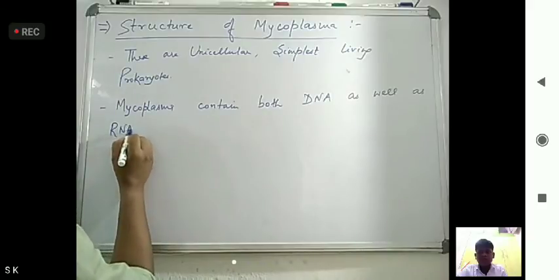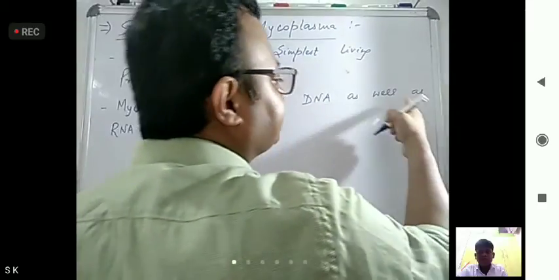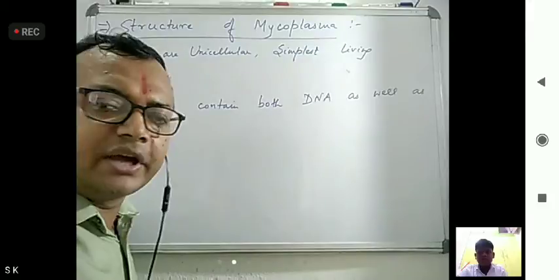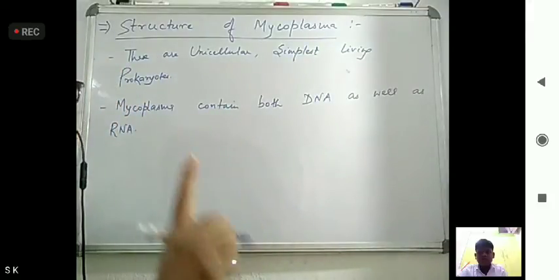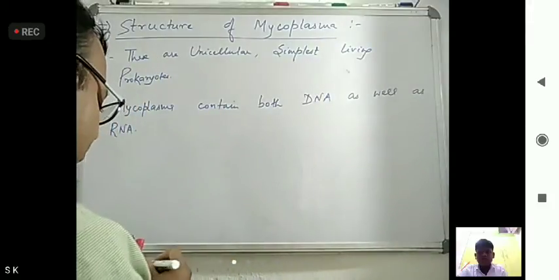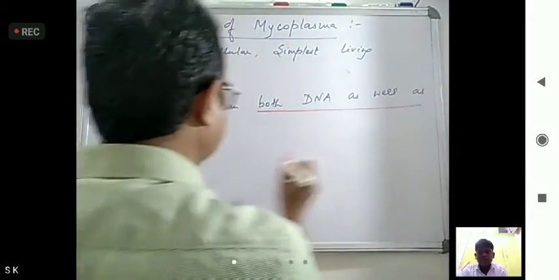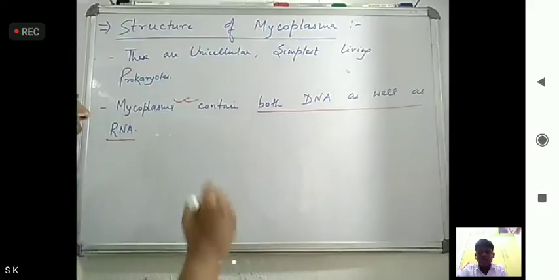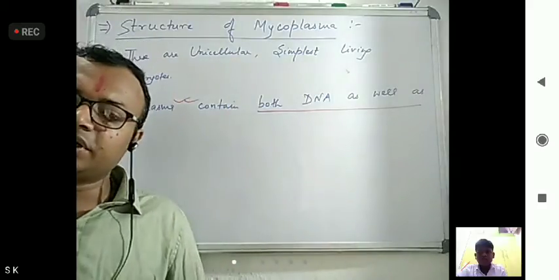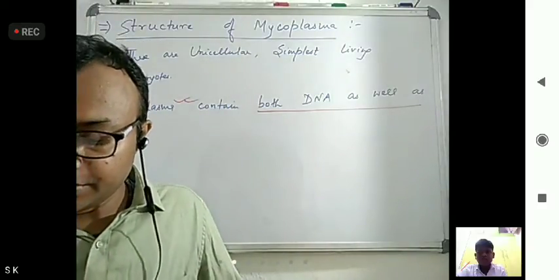And since it contained both DNA as well as RNA, that's why it also infects both plants as well as animals. Okay, so this line you have to remember, that this mycoplasma contain both DNA and RNA.